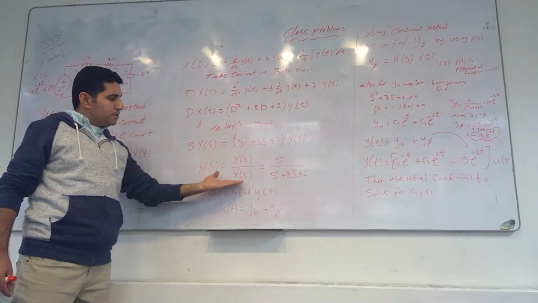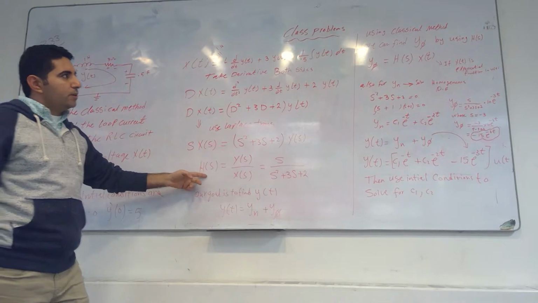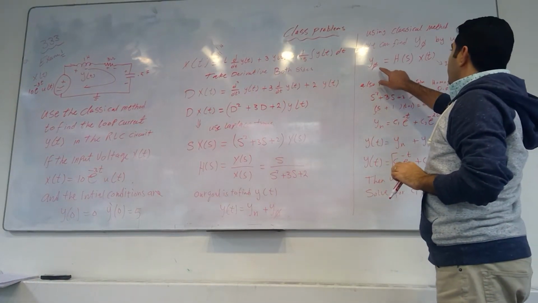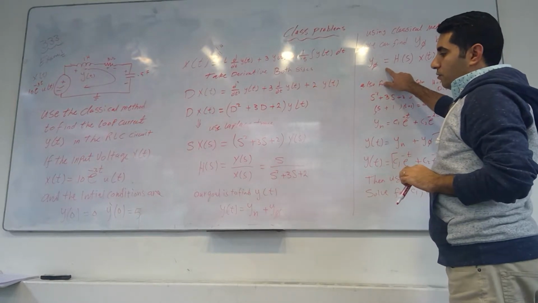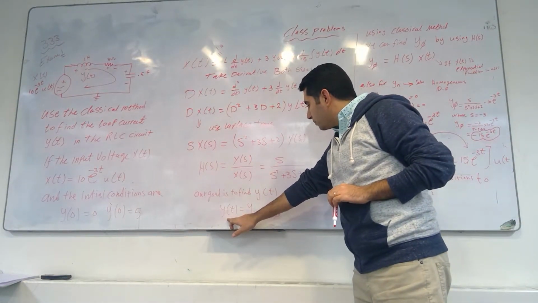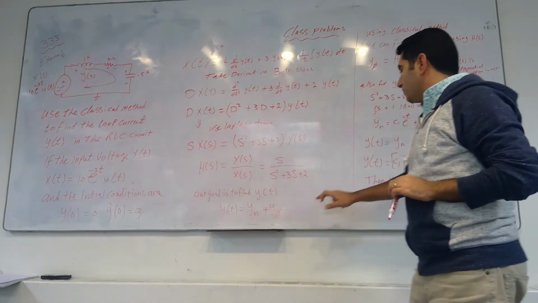However, in this method we can just stop right here. Once we have our H of s, we use it to solve for the forced response. Our output is the summation of the natural response plus the forced response.